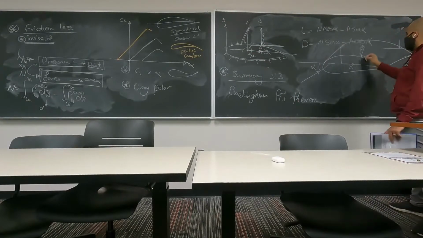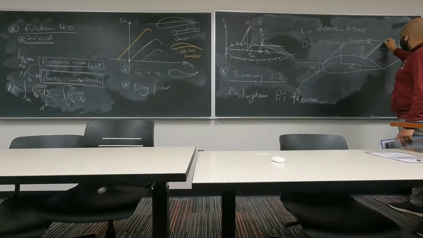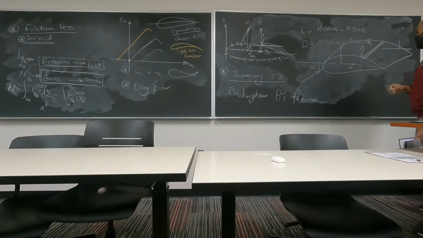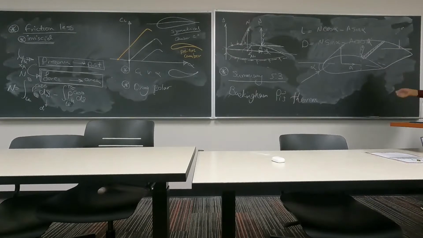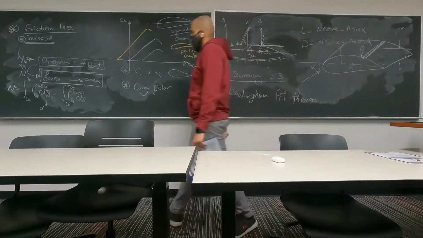A small element of area, ds. When we are dealing with a two-dimensional analysis, we are assuming that the depth is 1. We have unit depth. So this small element of area is going to be this multiplied by 1. Does that make sense?